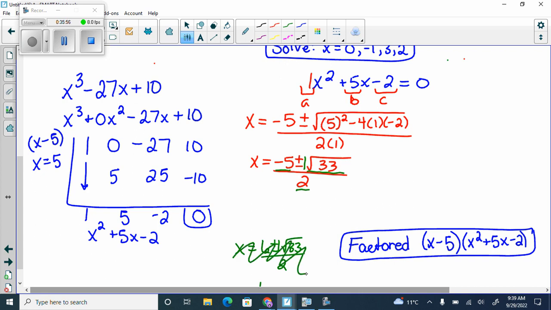That has nothing to do with this question, just proving a point. Can't take anything out of any of them, not even a 2-for-1. This thing's done. So if I said solve, my answer would be x equals negative 5 plus or minus root 33 all over 2.